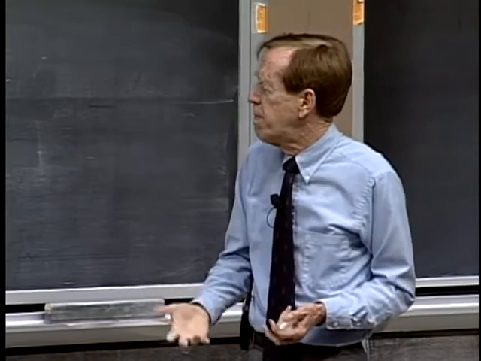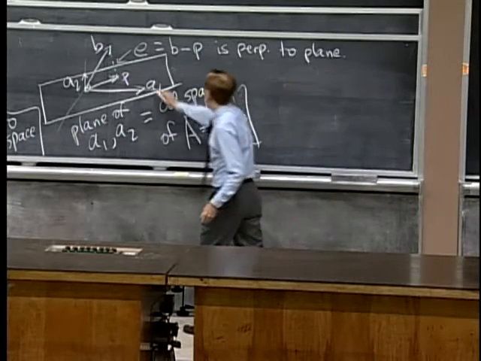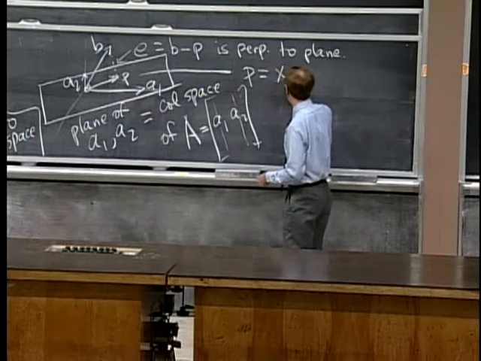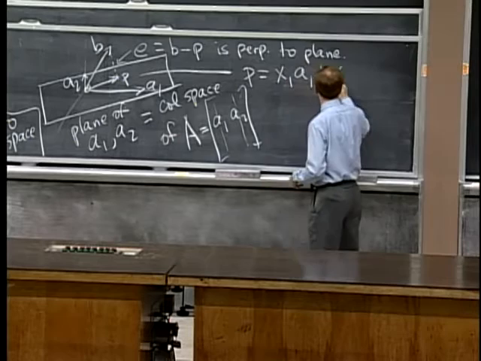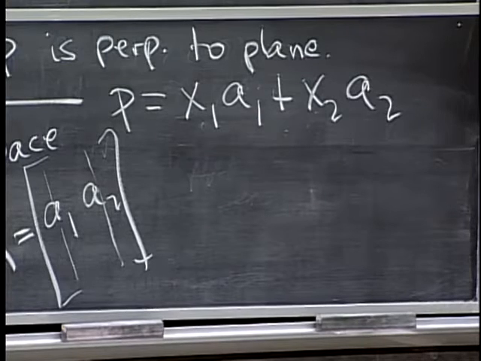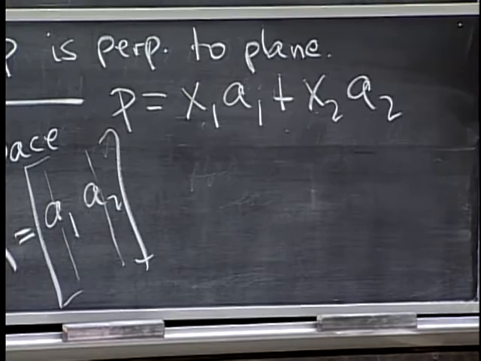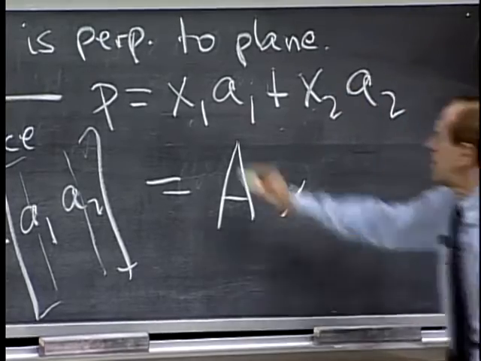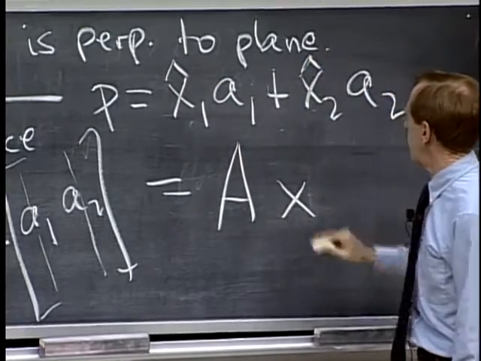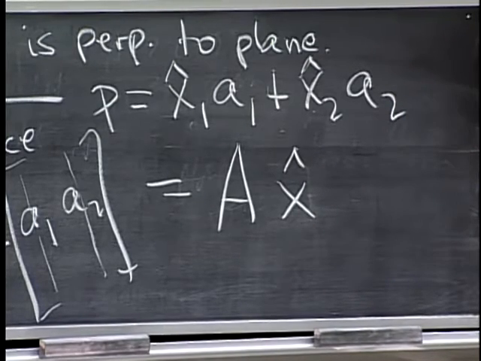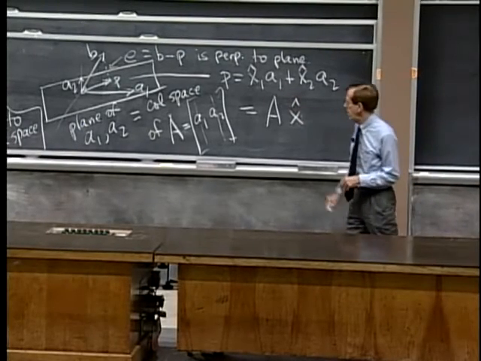Now, yeah, so what is P? What is this projection P? Projection P is some multiple of these basis guys, right? Some multiple of the columns. But I don't like writing out x1 a1 plus x2 a2. I would rather write that as A x. Well, actually, if I'm really doing everything right, I should put a little hat on it to remember that those are the numbers.